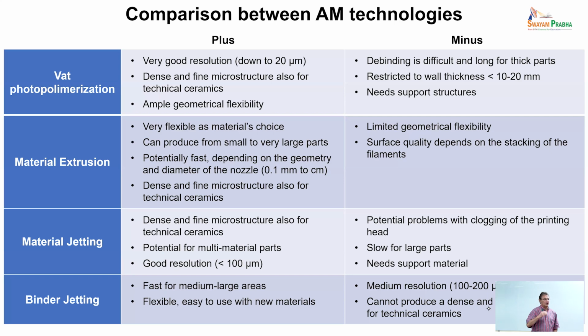So the resolution there is in the XY plane. For volumetric additive manufacturing, you can have a better resolution in 3 dimensions. It allows you to obtain dense and fine microstructure, also for advanced ceramics. And you have a wide geometrical flexibility.